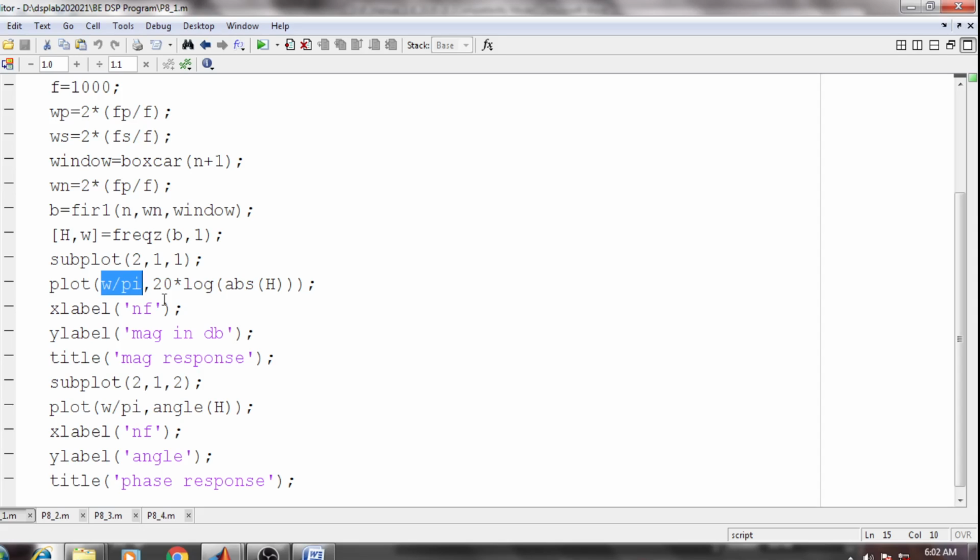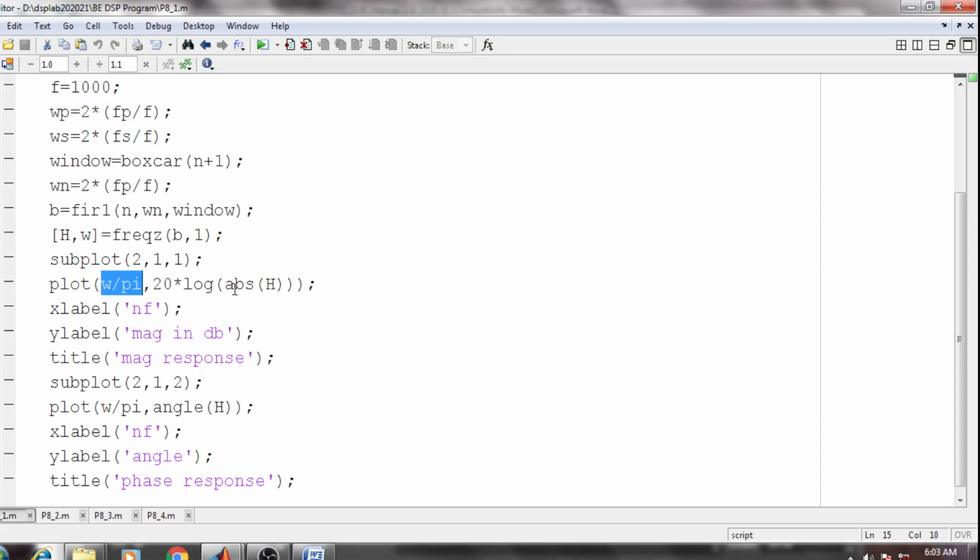So we are going to manage that graph, or limit the x axis and y axis; this technique is adopted, like w upon pi. So that w gets divided by 3.14, and again the absolute value will be quite high, so it will not show the graph in proper fashion.